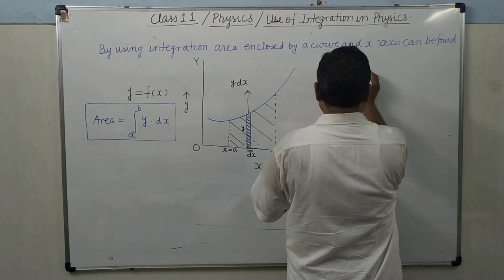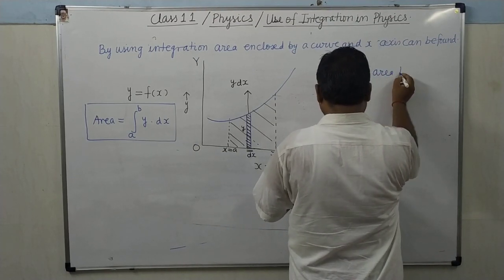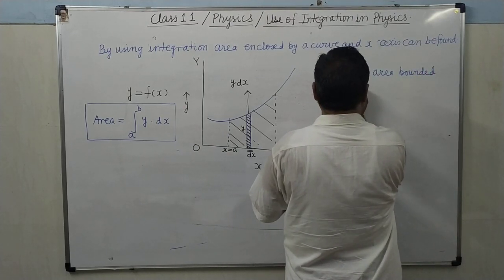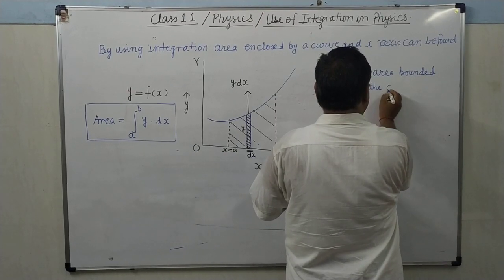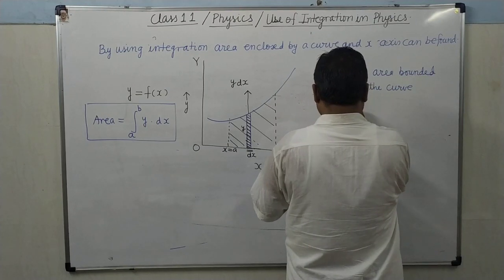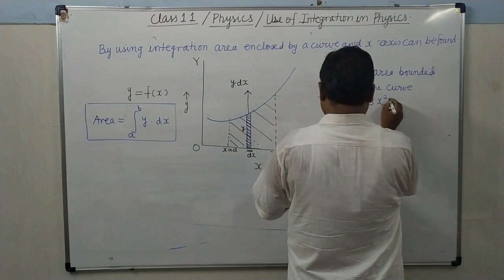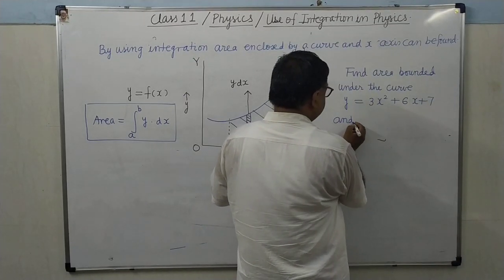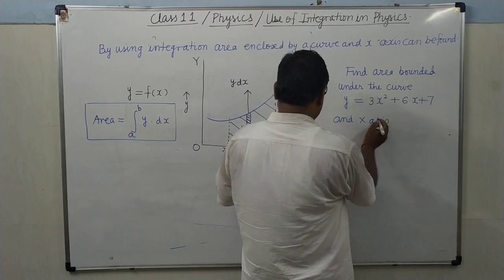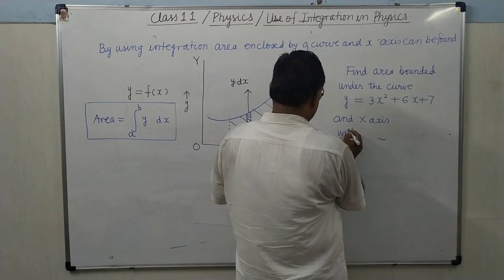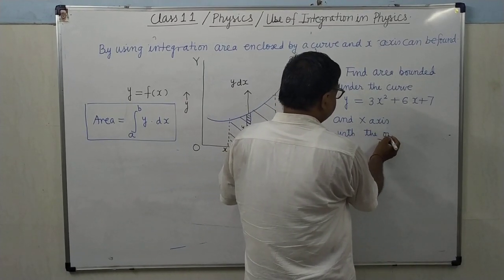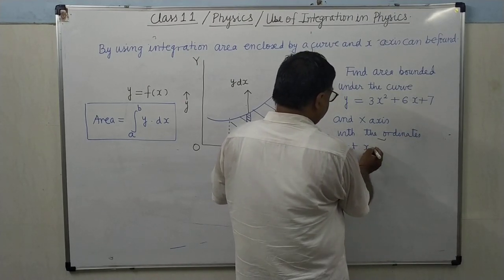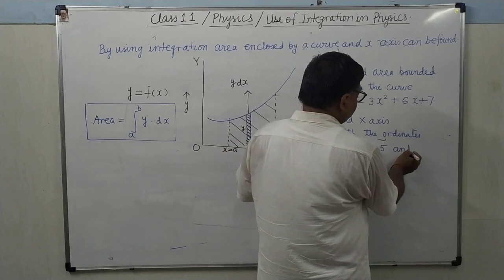Find the area bounded under the curve y equals 3x square plus 6x plus 7 and the x-axis with the ordinates at x equals 5 and x equals 10.